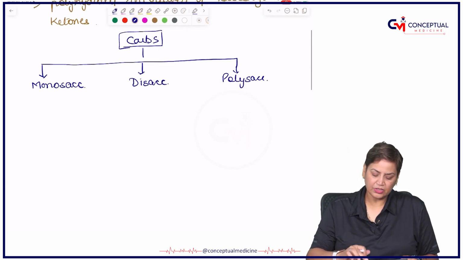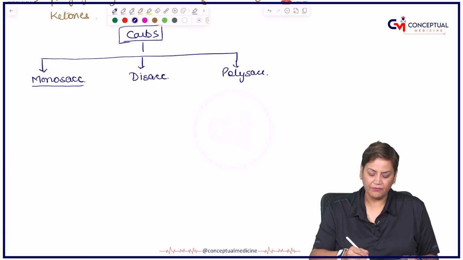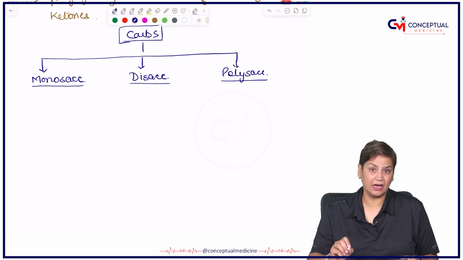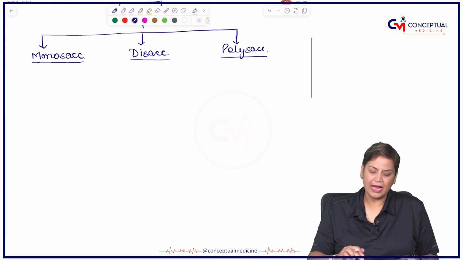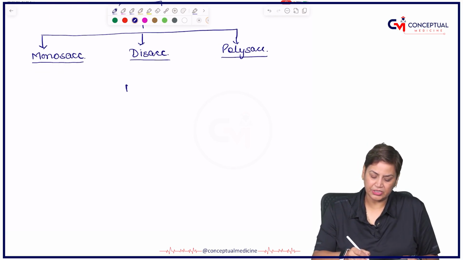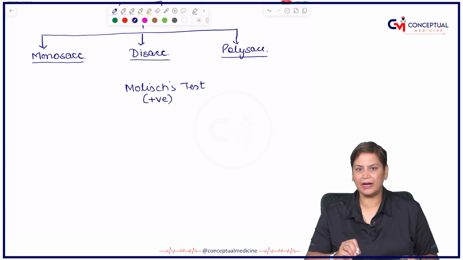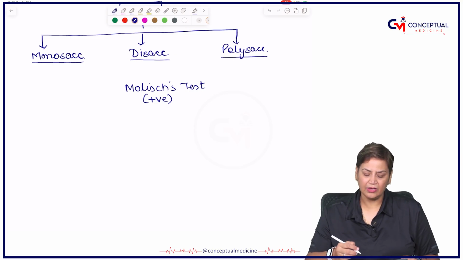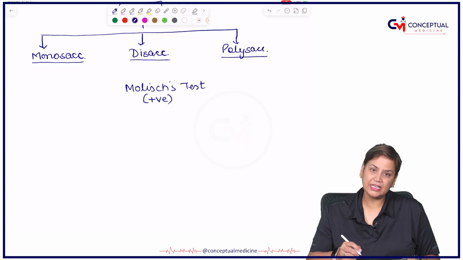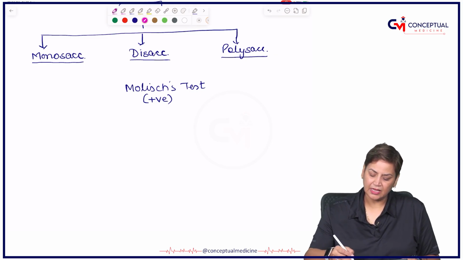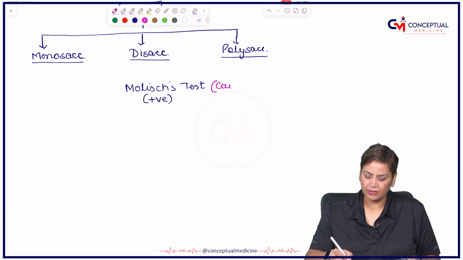So first of all, we have to see whether the sample is a carbohydrate. For that we perform the Molisch test. I'll just show you the schematic plan first, then we will go with the explanation of each and every reaction. If the Molisch test is positive, that means carbohydrate is confirmed.